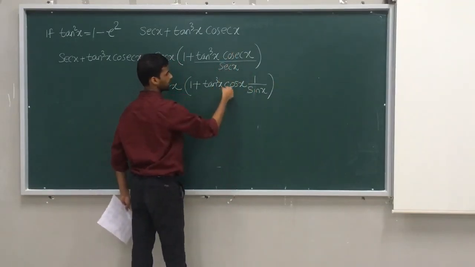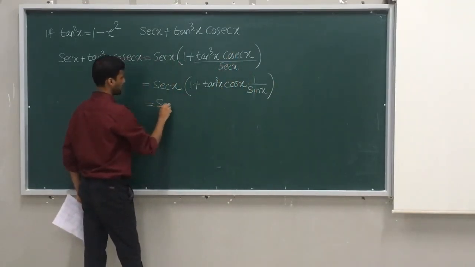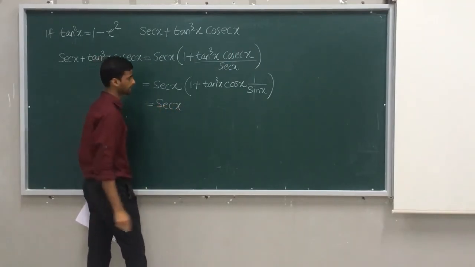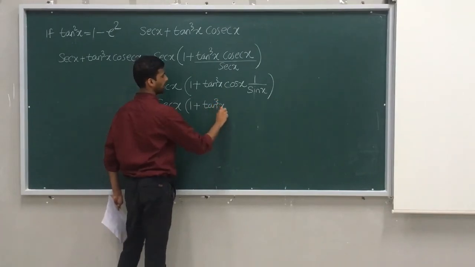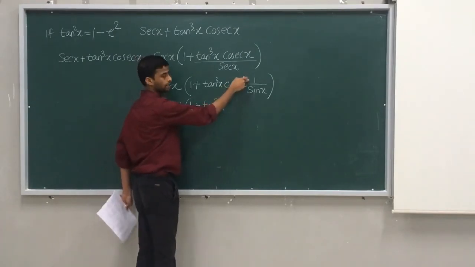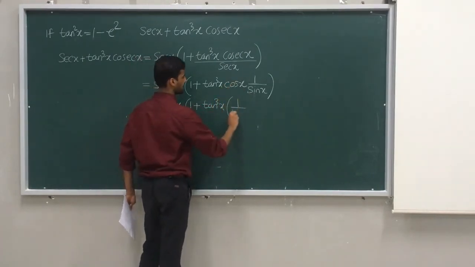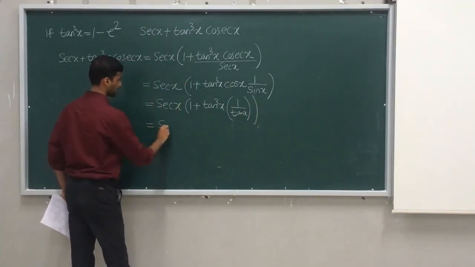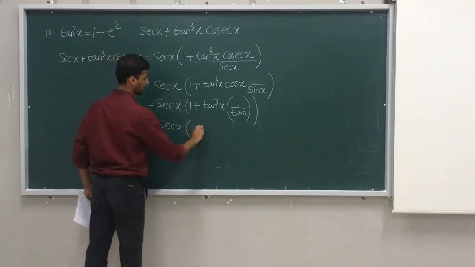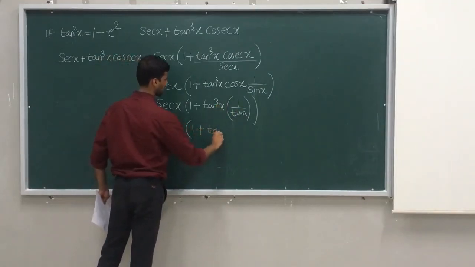So this becomes sec x into 1 plus tan cube x, and cos by sin is cot x. Cot is the reciprocal of tan, it is 1 by tan x. Hope you understand. So then it becomes sec x into 1 plus tan, this is tan square x, right?